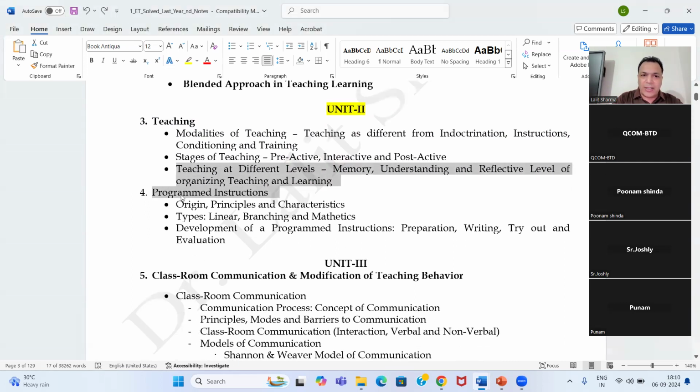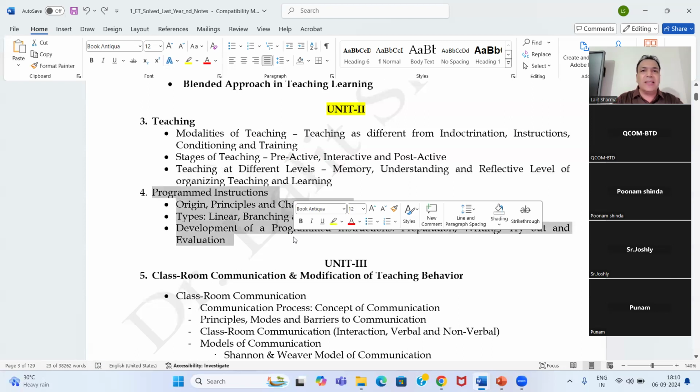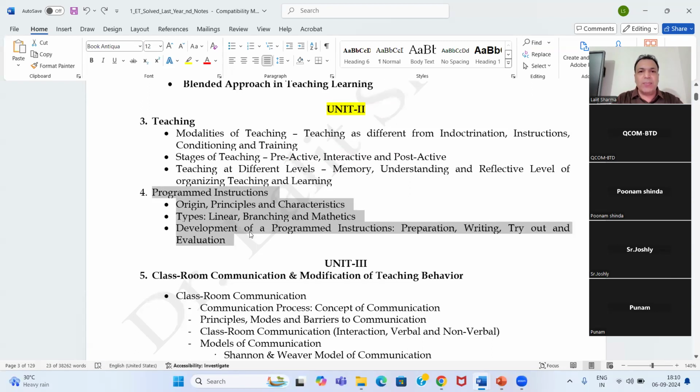And in the fourth part, it is talking about program instruction. It is again very easy. What is program instruction? Basically, under program instruction, we break down the problems into simple, small steps. And these small steps are called frames, right?